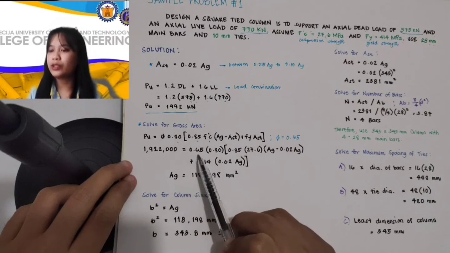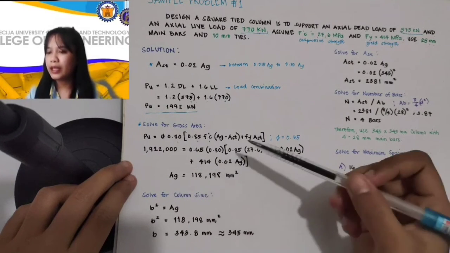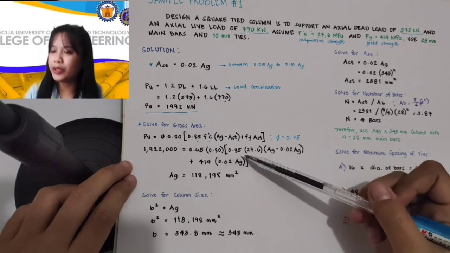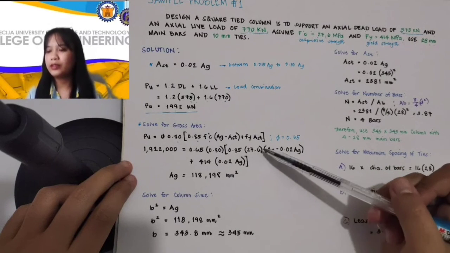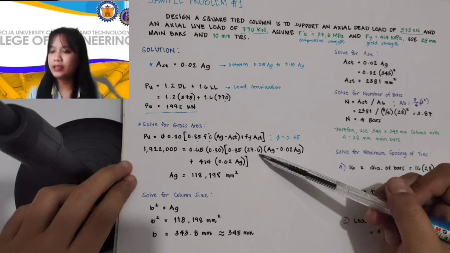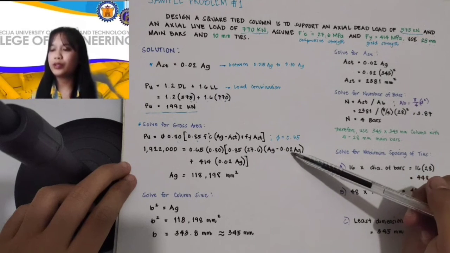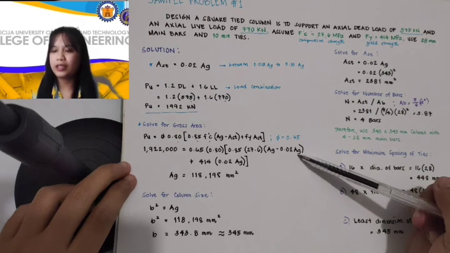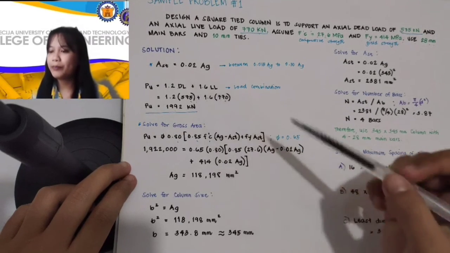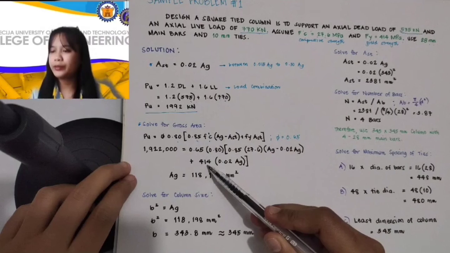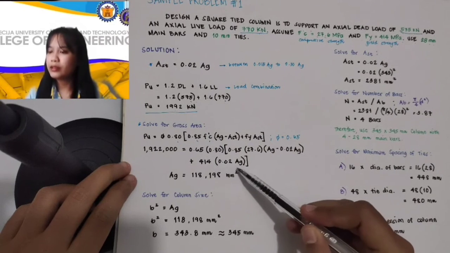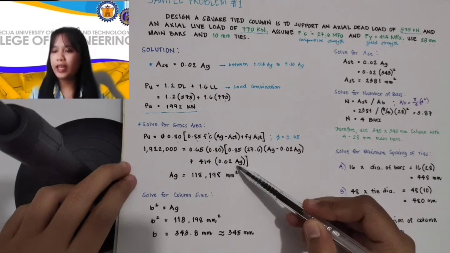So we have 1,922,000 is equal to 0.65 times 0.80 times 0.85 times 27.6 multiplied by Ag minus 0.02 Ag, which is the value of Ast we got earlier, plus 414 times 0.02 Ag.